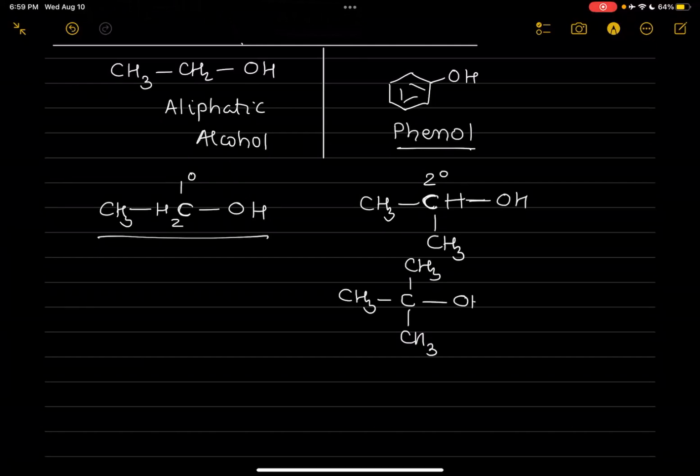This is tertiary alcohol. Because for alcohol you always need to have the OH group. Then how do you judge whether it is primary, secondary or tertiary? You judge on the basis of the type of carbon atom to which the OH is connected. Whether that carbon is connected to 1 carbon, 2 carbon, or 3 carbon atoms, that lets you decide whether the alcohol is primary, secondary or tertiary.